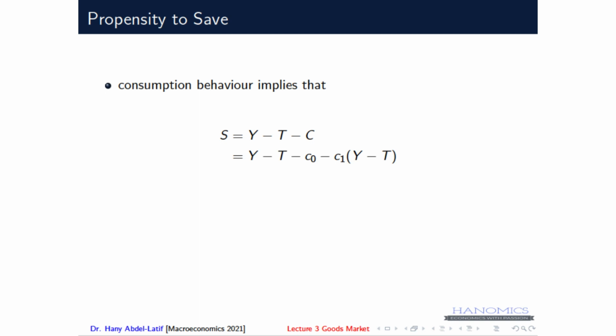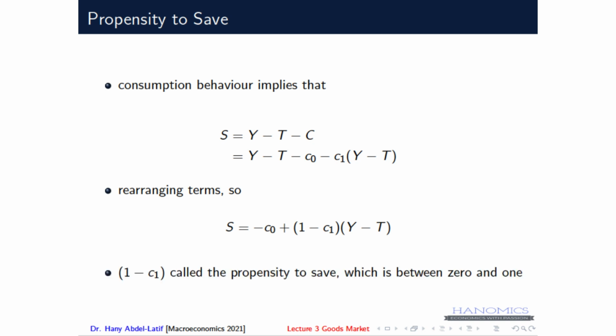So we can replace C by the consumption function, which is C0 plus C1 multiplied by Y minus T. Rearranging terms, we reach the saving function: minus C0 plus 1 minus C1 multiplied by disposable income, Y minus T. Here 1 minus C1 is called the propensity to save, and it is somewhere between 0 and 1.